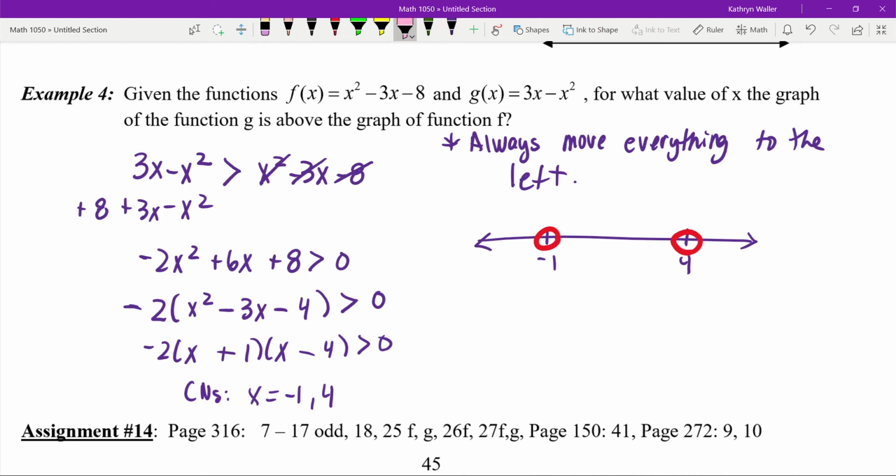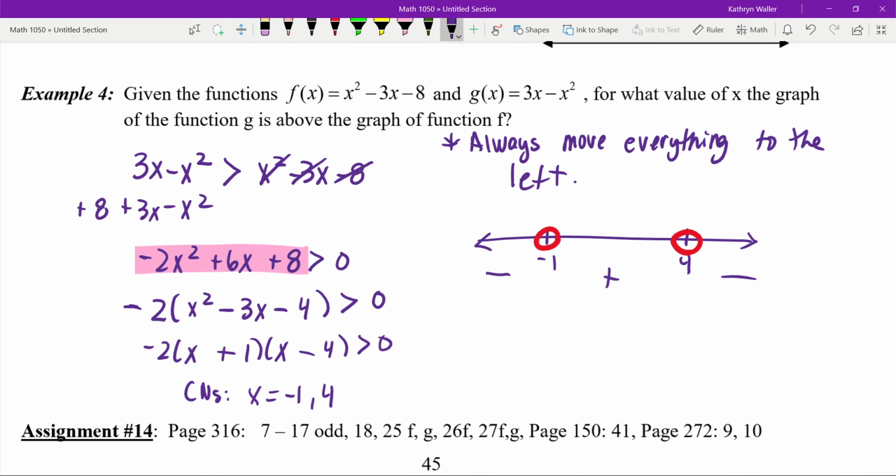And the place I'm going to put it in, I think sometimes people put it in the wrong spot. That's where you need to put it, right there. So go -2, membar, enter, x squared, +6, membar, enter, +8, enter, and I got a negative. So this is negative, positive, negative. You have to have the signs there, okay?